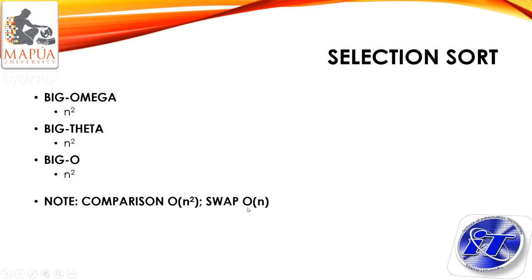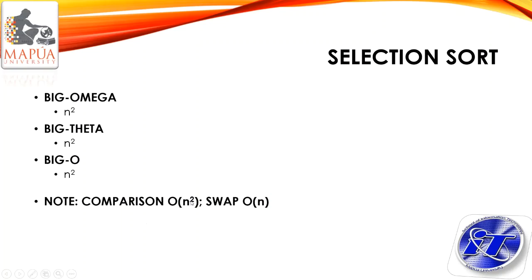It's just n, well, just one. So the total of it will be n. Which among these two will be the higher value? Definitely, it's n squared. So this will be the big O notation for the whole algorithm.